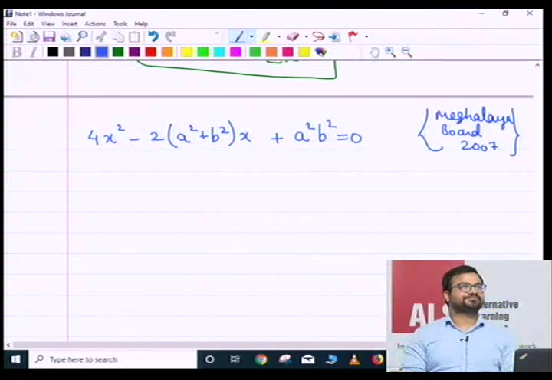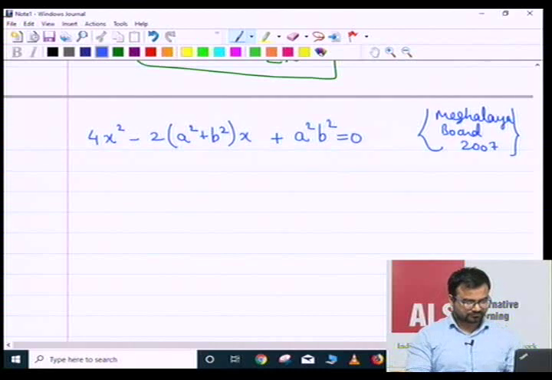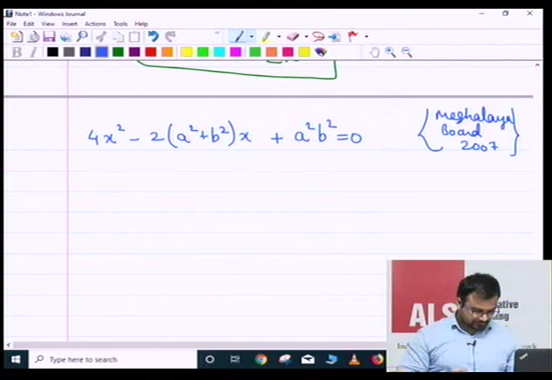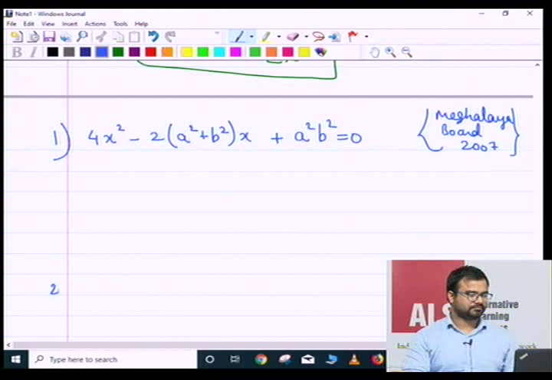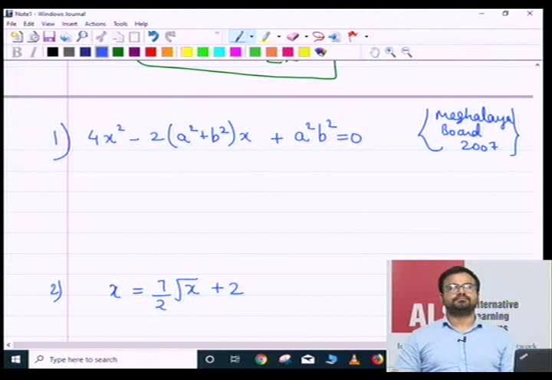Tell me the answer for this one fast. The value for x. Yes, Tamenglong, your answer is right.